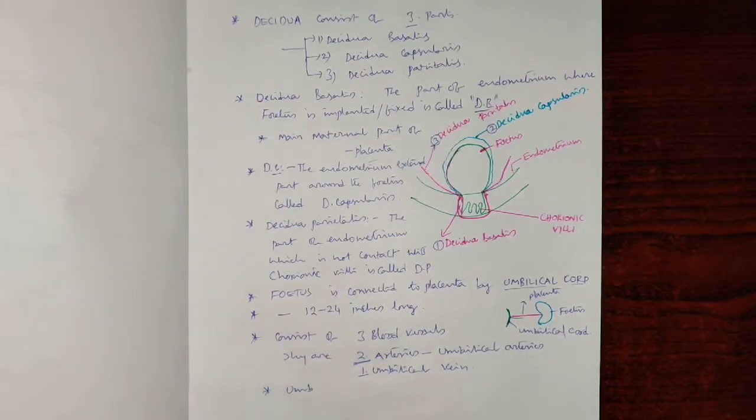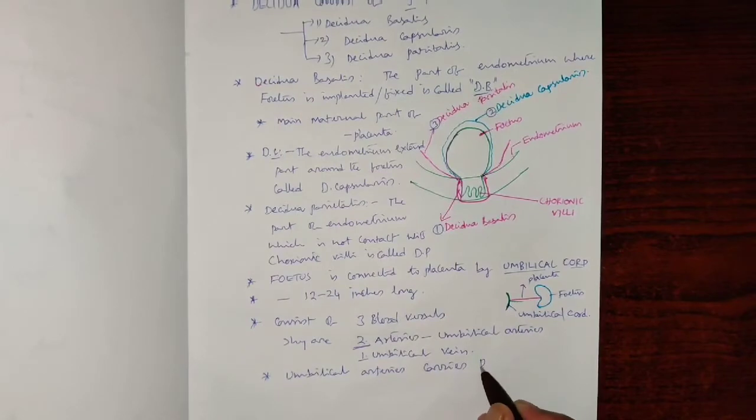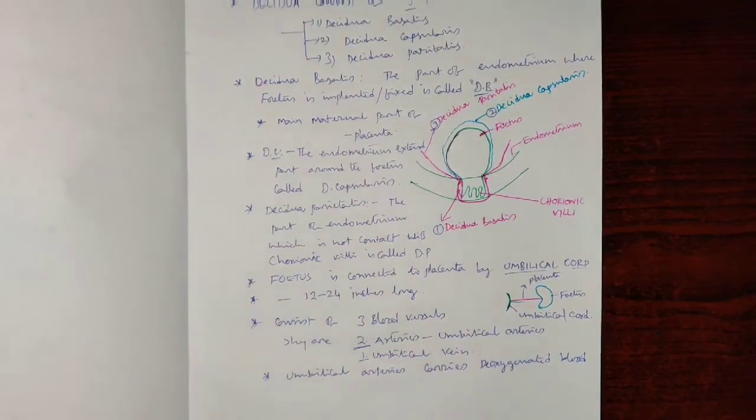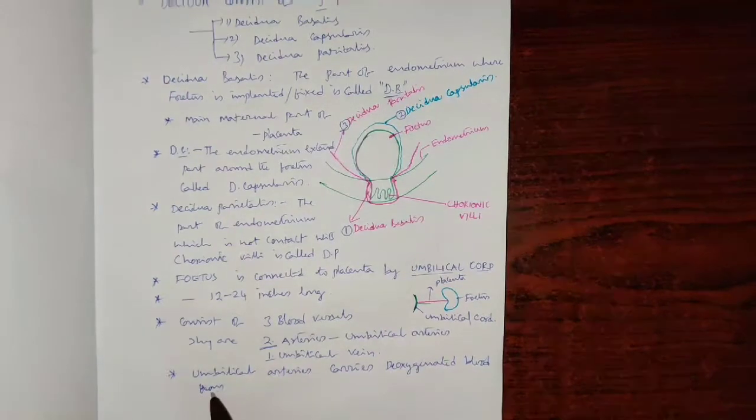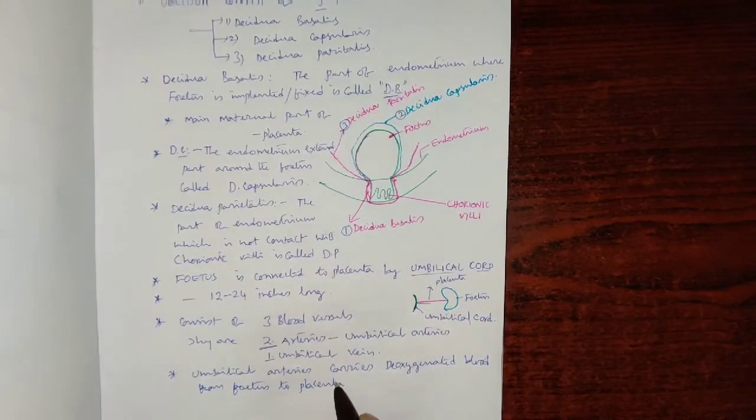The umbilical arteries carry deoxygenated blood from the fetus to placenta.